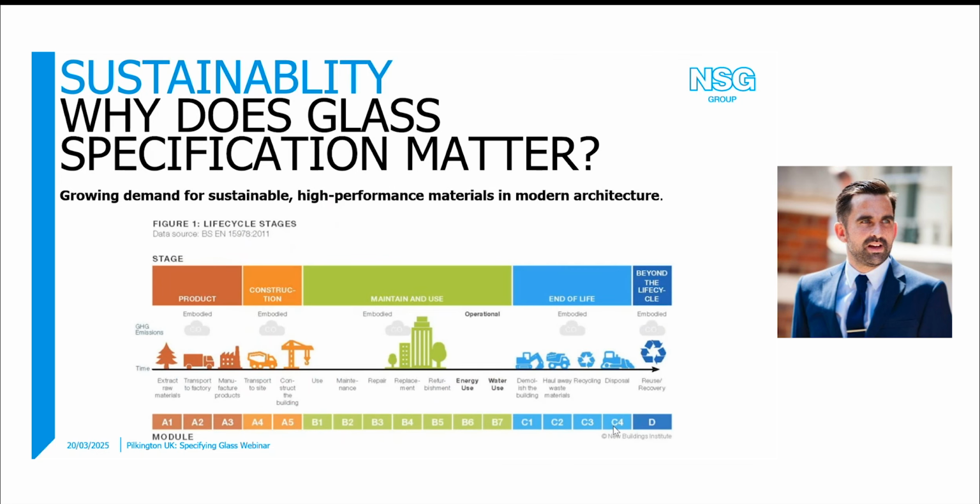Building owners, developers, tenants, they're all increasingly looking for ways to showcase their commitments to sustainability. This has led to a far greater understanding of how carbon is used throughout a building's life cycle.